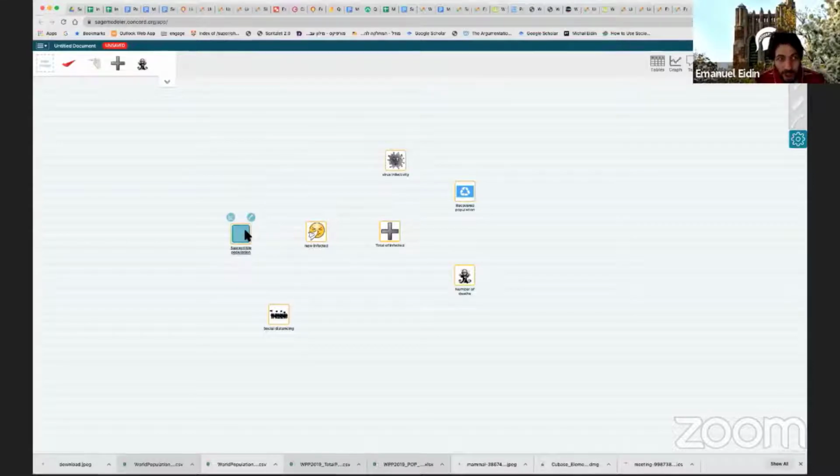So this is the first thing you do. You think about the phenomenon. In our case, it is the spread of the epidemic of the virus, and you think about the variables or the factors that come into play in this phenomenon. So I try to show you the thinking process here.